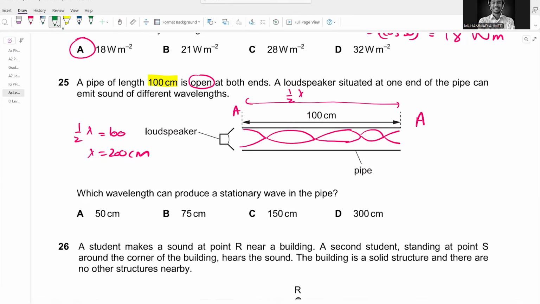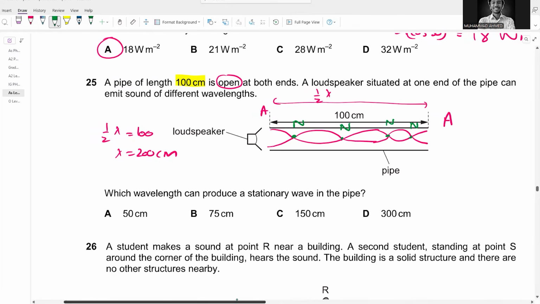And this is your node. I hope we get the correct answer right now. Node and node. What will be your wavelengths? This is 1 over 4 lambda. This is half lambda, half lambda again, half lambda again. This is 1 over 4 lambda again.